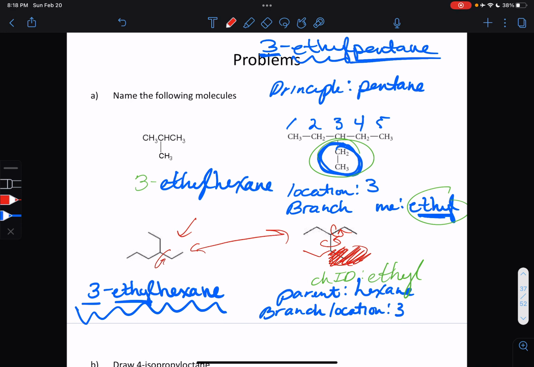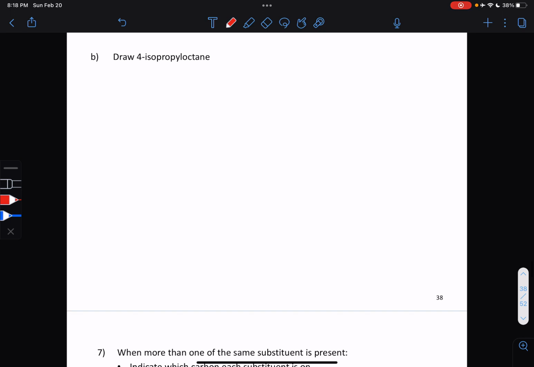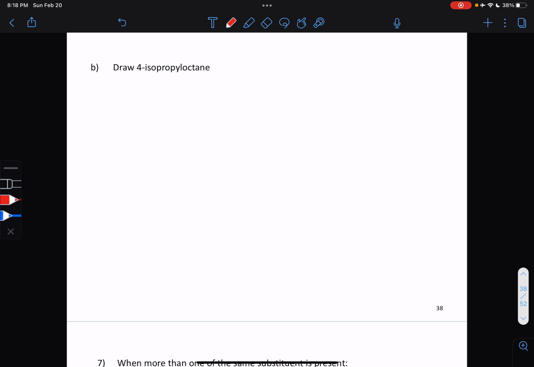Let's draw something. Yay! Let's draw 4-isopropyl octane. Alrighty, now octane, how many carbons does that have? That has 8. That's one of those easier ones that we usually know. So we have 1, 2, 3, 4, 5, 6, 7, 8. Whew, okay.